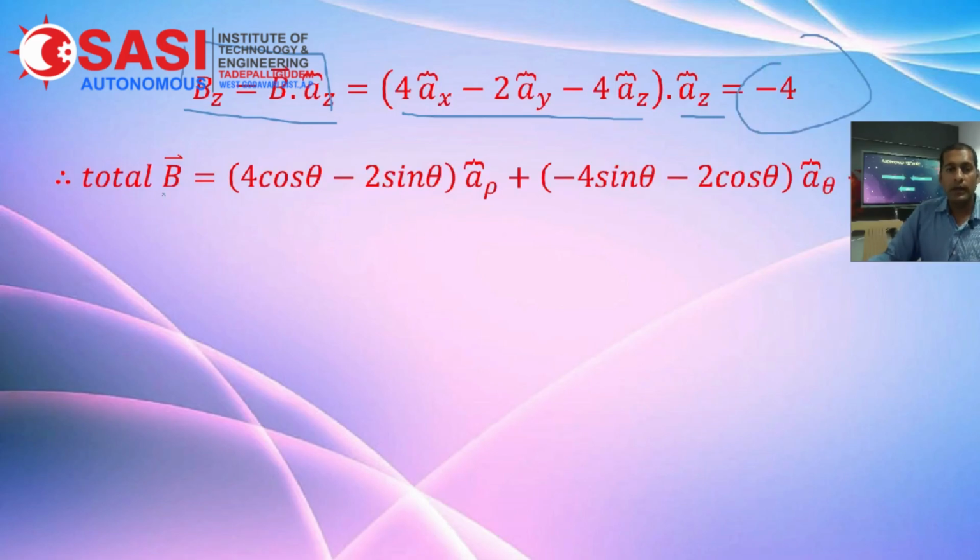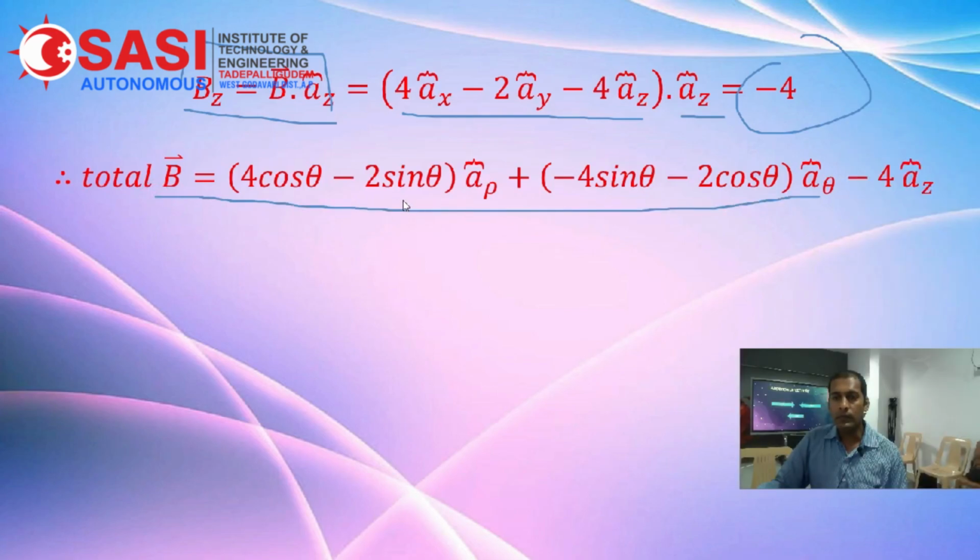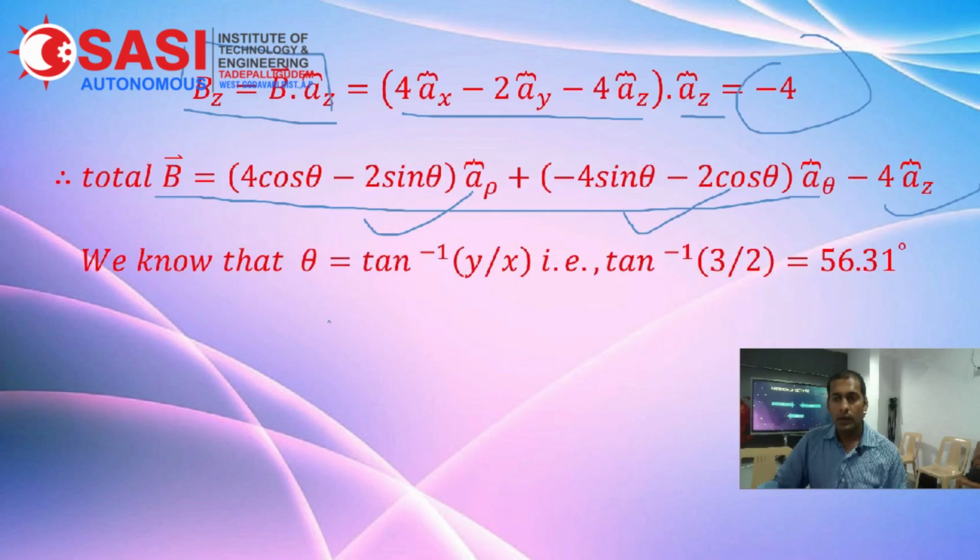So altogether, total B will be the addition of the a_r component, a_θ component and a_z component. Then we can keep the value of θ.